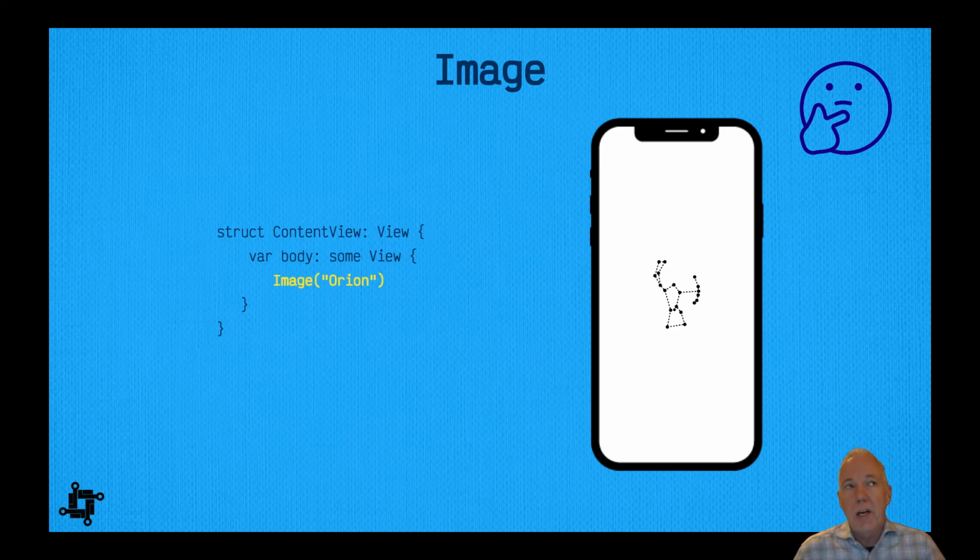But imagine at this point we have an image, which is, in this case, a constellation that you would see in the sky of stars. And this happens to be Orion. And so the constellation Orion is an image that's in our asset catalog, and it's called Orion. So when I say image here and put Orion, this is what is displayed.